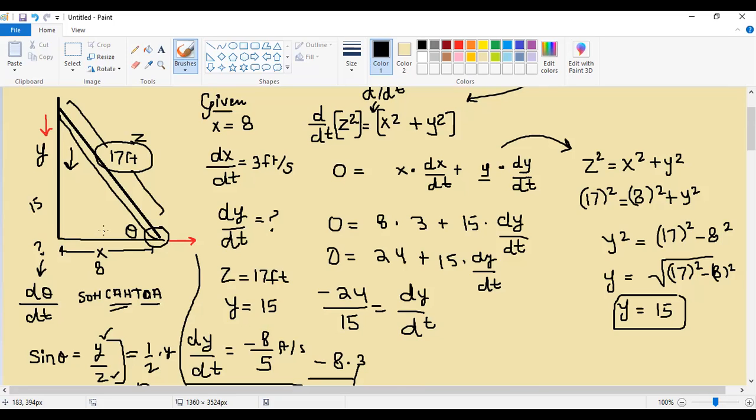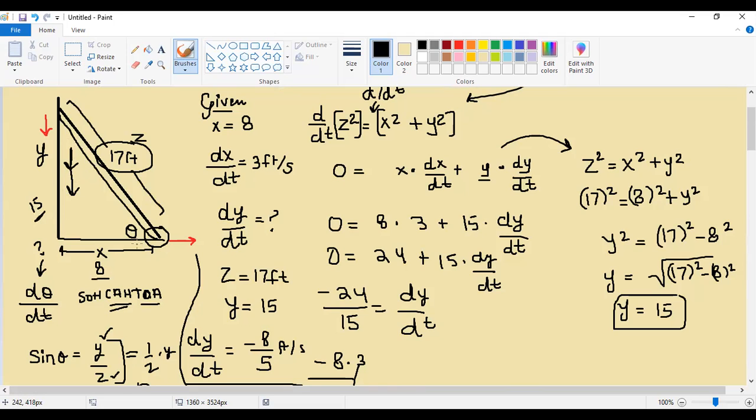They're changing. Why I say they're variables, what do I mean by saying that y and x are variables? Well, because as the angle changes, as the ladder moves downwards, y is no longer going to be 15 and x is no longer going to be 8.